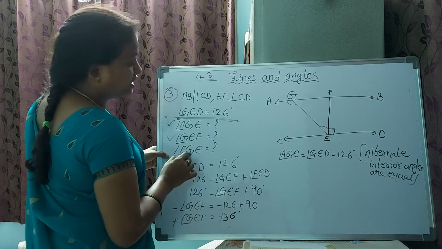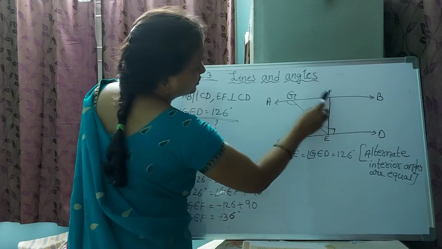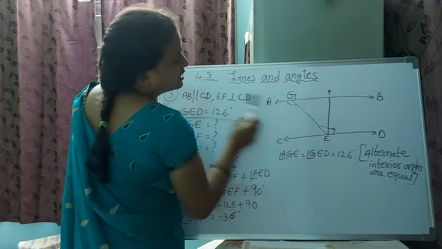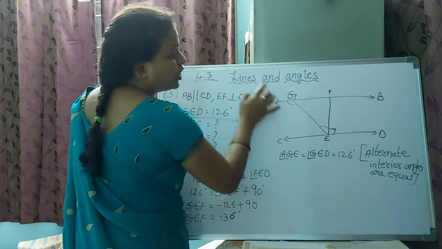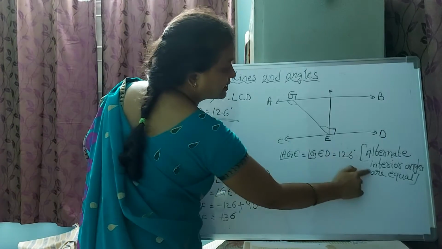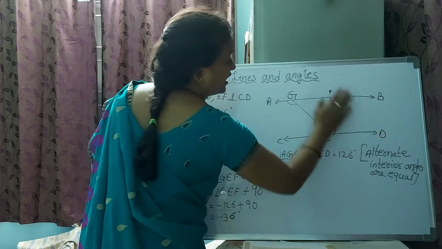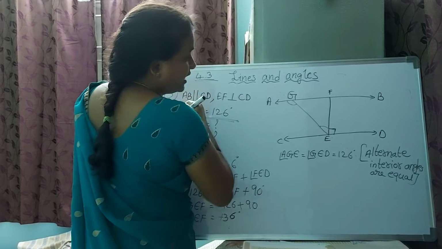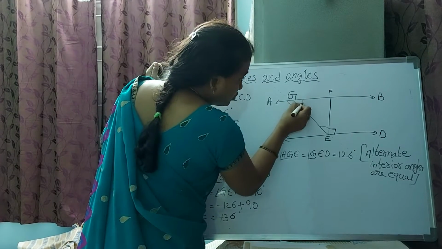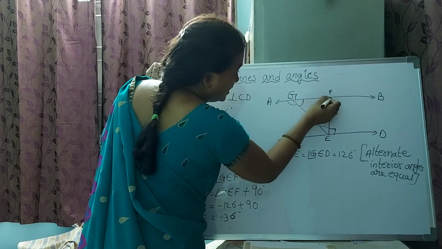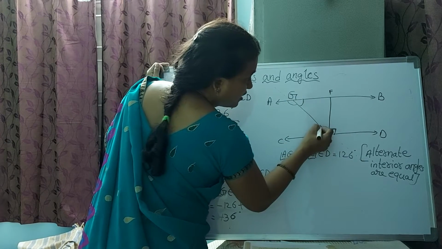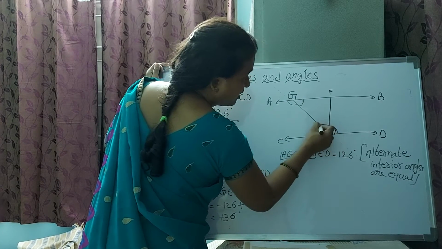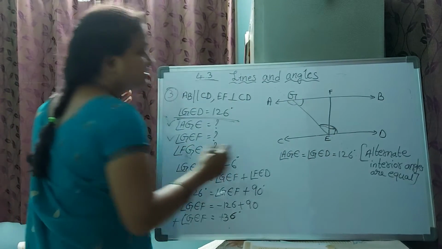Next one, FGE. See this one, you forget this line. You observe this as the transversal and two parallel lines. If you take these two lines, FGE plus this complete angle, what are those two angles?